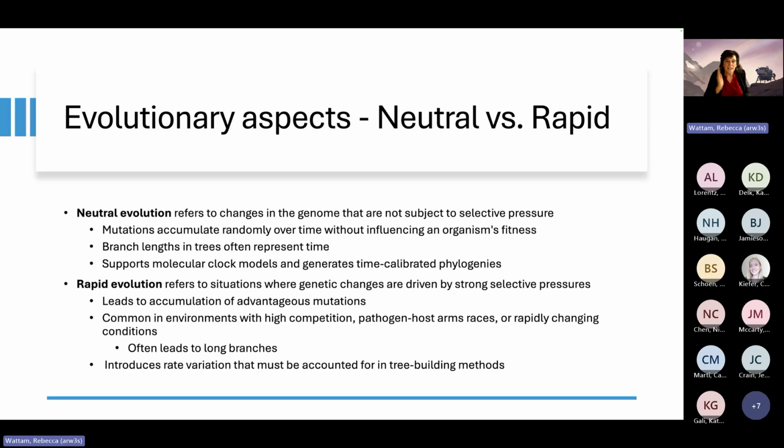That's not what's happening. It's that the evolutionary pressures are changing them rapidly, and it could be in a short amount of time. And so you have to think about those things when you're choosing the data that you want to look at the tree, or you're interpreting a tree that somebody has shown to you.